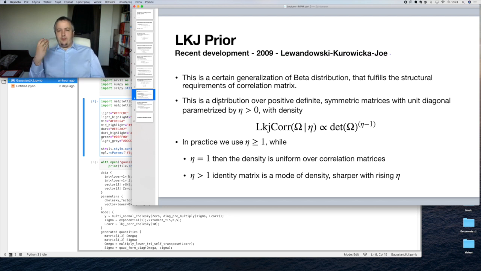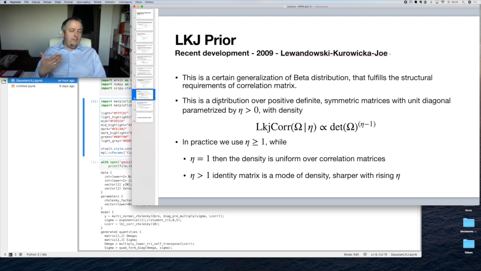So the most probability mass is located around the uncorrelated variables, and the tails are representing the possibilities of multiple correlations between variables.